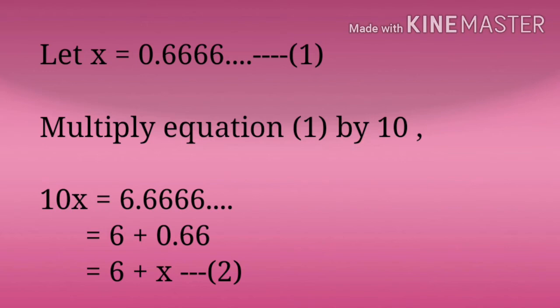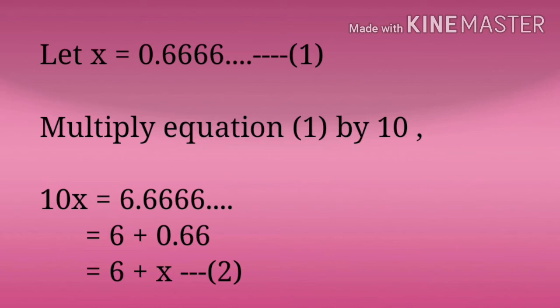0.66. Why 6 plus 0.66? Our given number is 0.6, so we can separate this 6.66 as 6 plus 0.66. And what is this 0.66? That is x. So we can write it as 6 plus x.